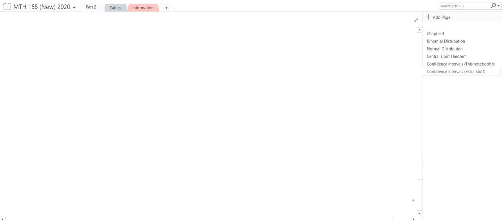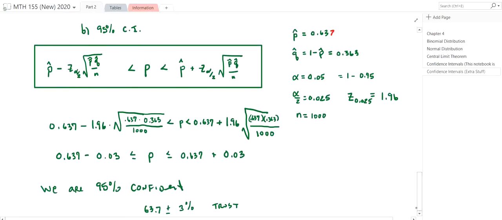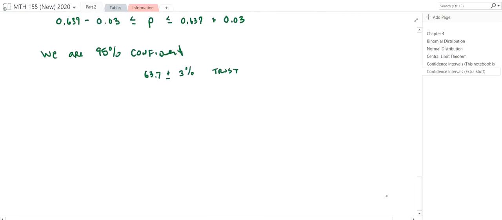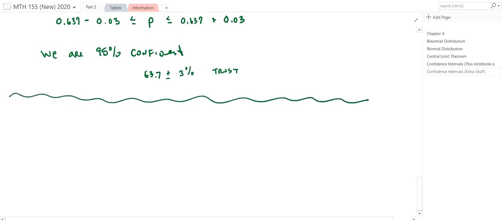Let's say we polled 1,000 people. Let's say we want to cut this margin of error in half.